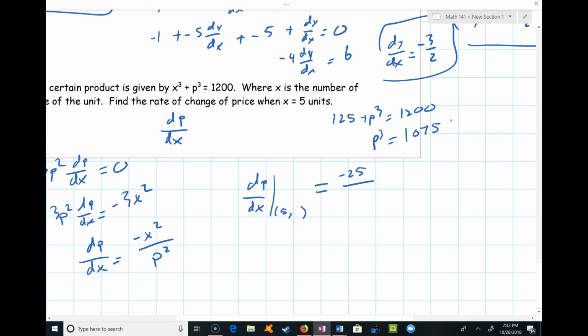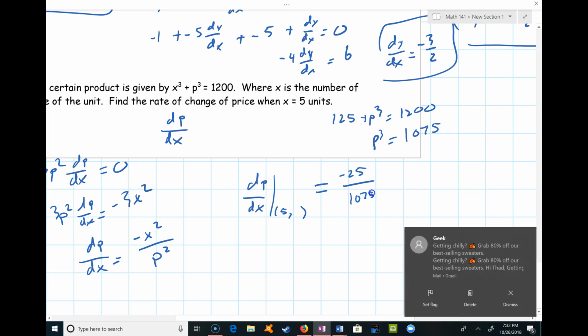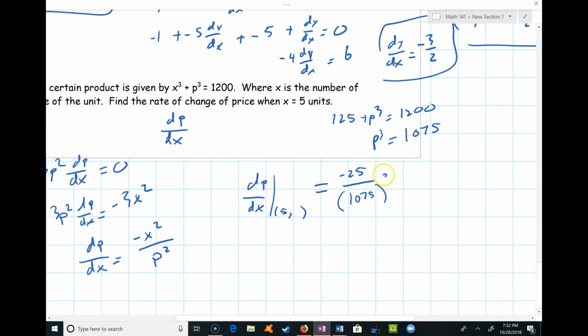So down here, I'm going to get negative 25 over the cube root of 1075 raised to the second power, so that'd be to the 2/3 power. That would be the rate of change of price. Okay, and that is the end of the video.